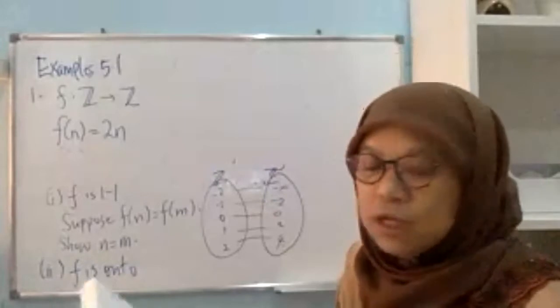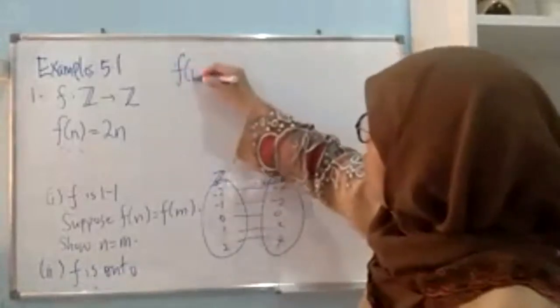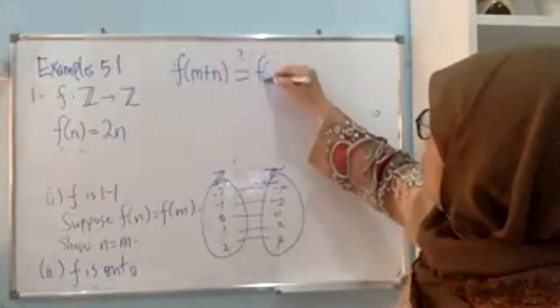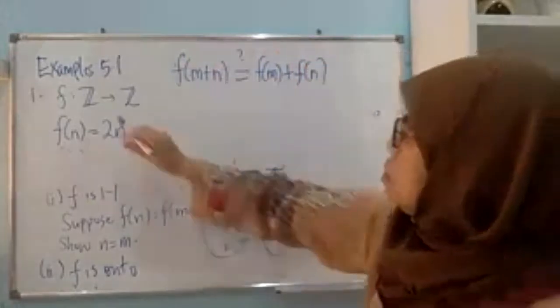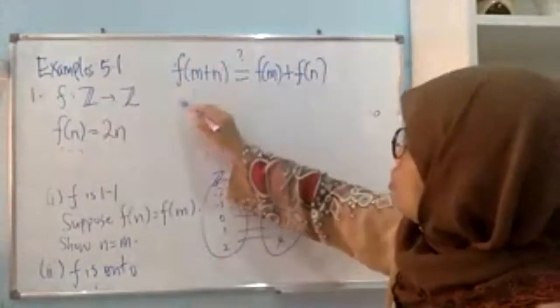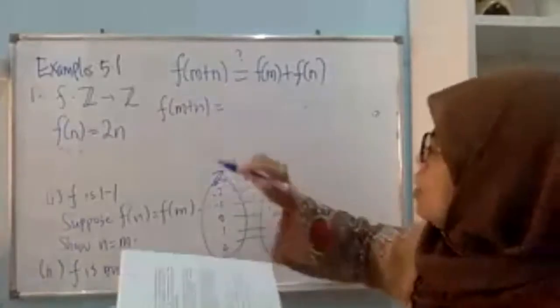This is to check whether it's a homomorphism or not. So f of m plus n, is it equal to f(m) plus f(n)? Okay, because Z uses the plus, all right? So you take this side. Okay, this one is easy, right?